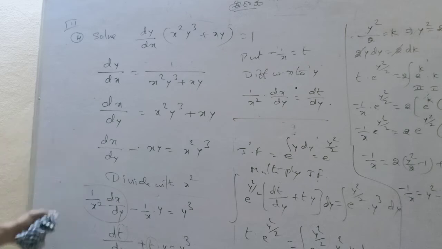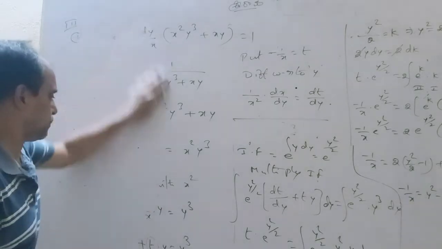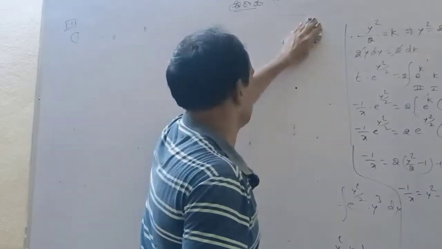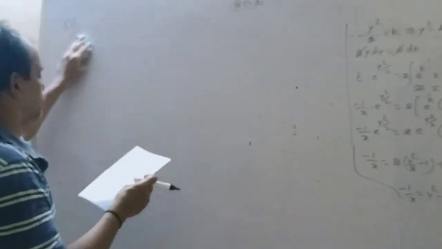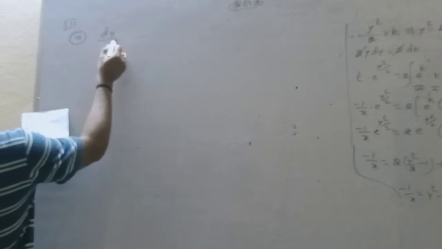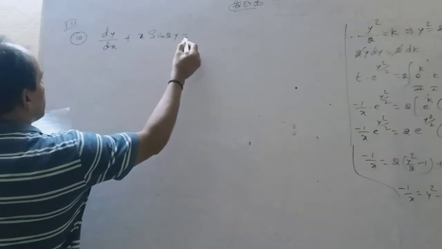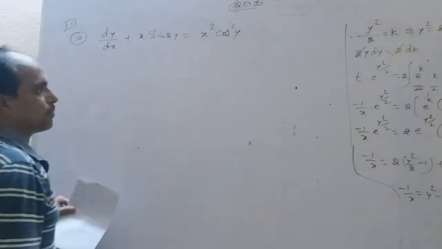Next, the same model. Solve the 10th question in the exercise: dy by dx plus x into sin 2y is equal to x cube cos square y.